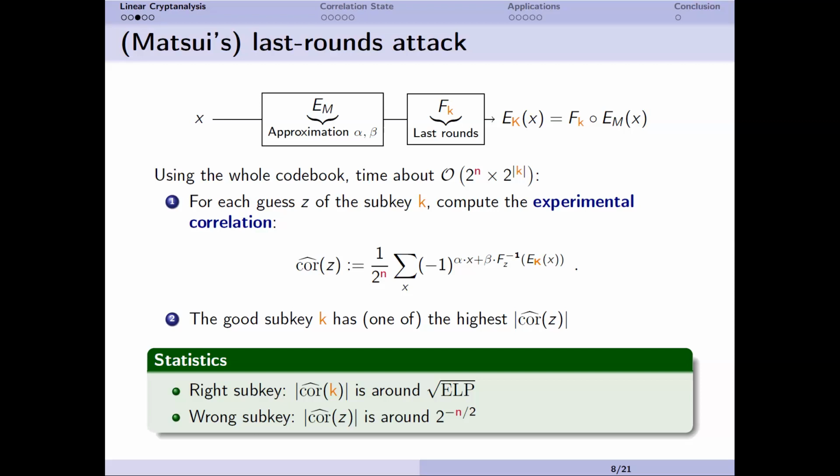And there are some statistics which are well detailed in the previous work. So the right subkey has a correlation around the square root of the ELP, and the wrong subkey is going to be around 2 to the minus n over 2. It can be also positive or negative, but we take that in absolute value. That's the basic last-round attack. But there's still no FFT yet, right? And I promised you the FFTs, so here it comes.